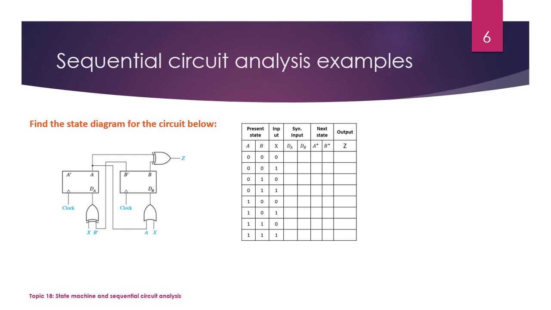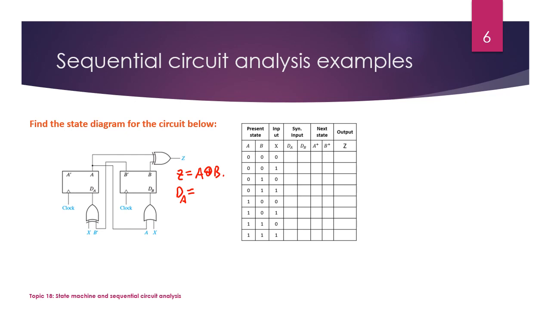The first step is to get all the information we can from this logic diagram. First, we can write the Boolean expression for Z. Let me rewrite it. Z should equal, since it's an XOR gate with inputs coming from the outputs of the two flip-flops, A XOR B. And we also need to figure out the inputs for the flip-flops.